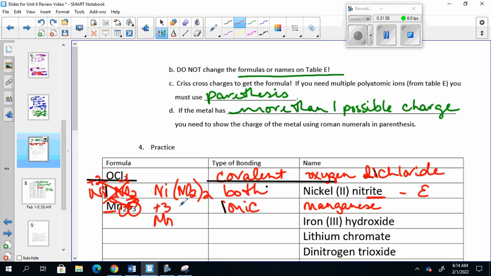Mn was the +3. S was a -2. I'm just reversing those numbers so I see what the charges were. Manganese, Mn, has 1, 2, 3, 4 possible oxidation states. So I have to show in the name that it was a +3 charge by putting a 3 in Roman numerals. And then sulfur, I write sulfide.